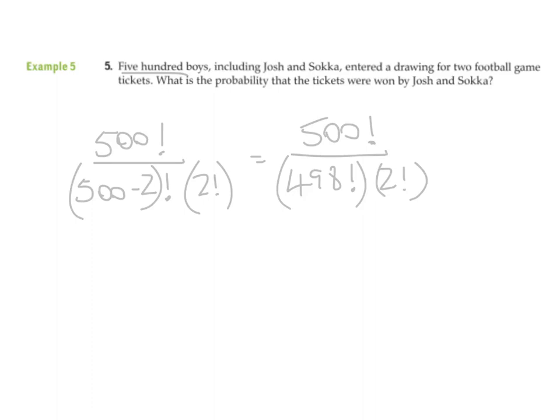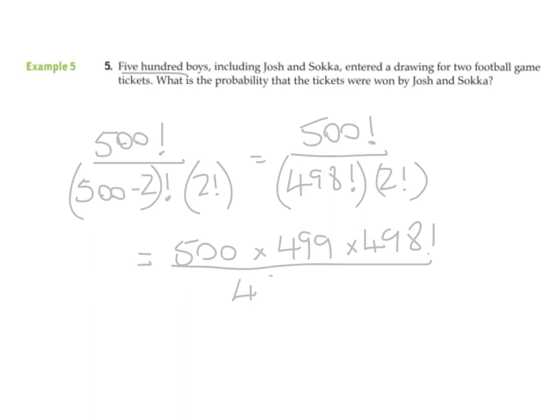Okay, so let's expand the top out so we can do it. That's going to be 500 times 499 times 498 factorial, and that's all going to be over 498 factorial times 2 factorial. So we now know that those 498 factorials will cancel out, and 2 factorial is 1 times 2, which is 2.